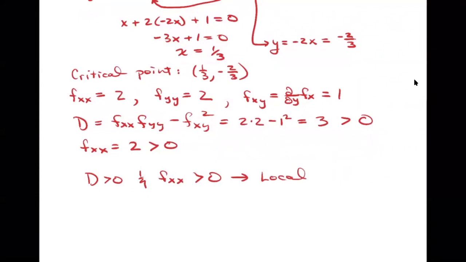If fxx is positive, it's concave up. Min or max? Min. Correct. This is a local min at the point 1/3, negative 2/3. Okay.